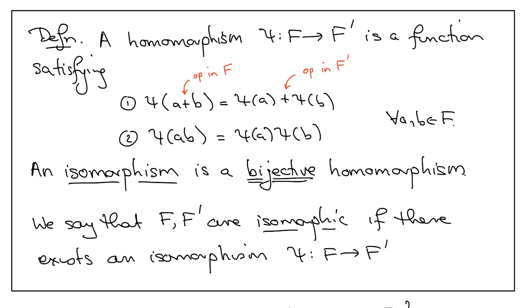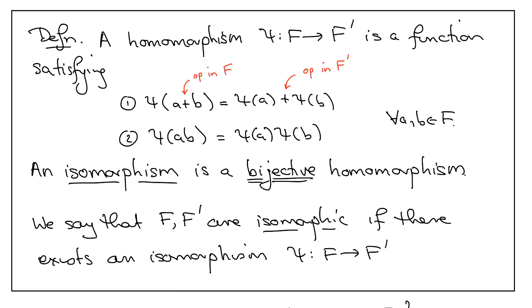They could be completely different things. I mean, one could be Zp and one could be the reals or something like that. In principle, you're allowing all kinds of different operations, but we're still writing them both as a plus. And it's up to us to realise from context, because a and b live in F, so that's obviously the operation in F. Psi of a and psi of b both live in F prime, so that's obviously the operation in F prime.